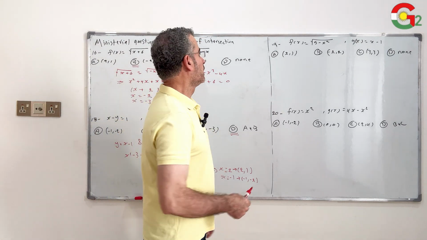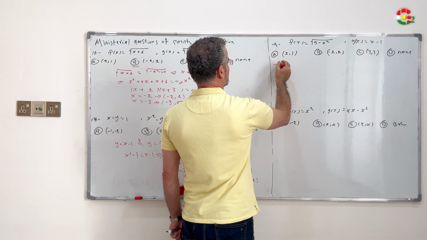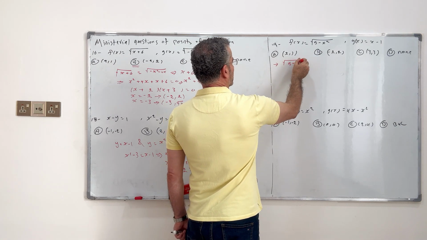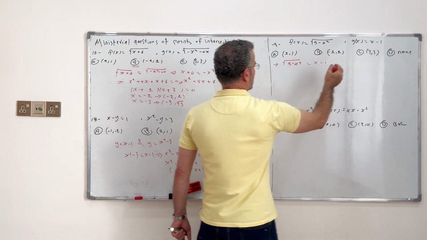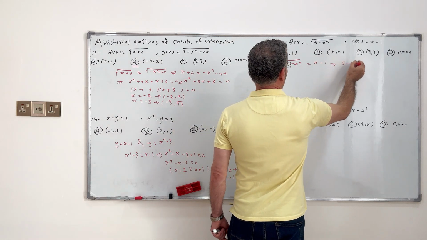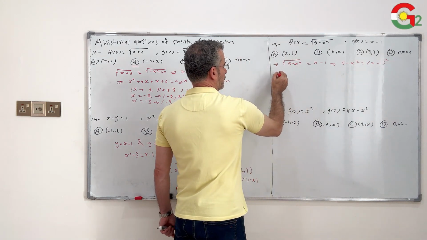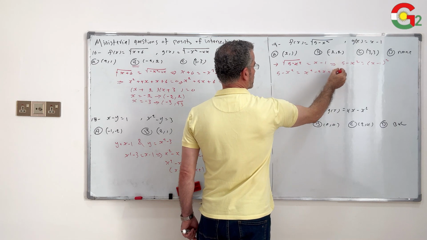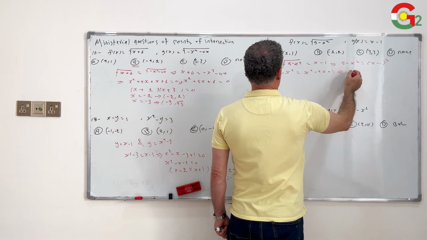Question number 19. Find the intersection point of these two graphs. Set f of x equal to g of x, square both sides. 5 minus x power 2 equals x minus 1 power 2. Open this bracket: x power 2 minus 2x plus 1. Take it to one side.